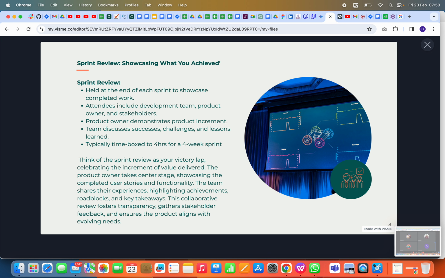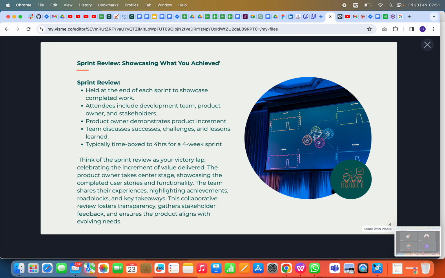Okay, so we are saying that the sprint review is when everyone comes together and we check what we have done, we review it, we give feedback, we get feedback from the end users and the stakeholders, and the entire Scrum team goes back to make adjustments on the work where necessary. Think of the sprint review as your victory lap, celebrating the increment of value delivered.